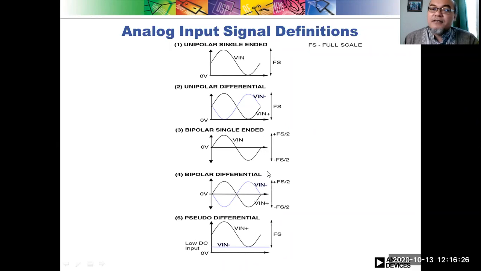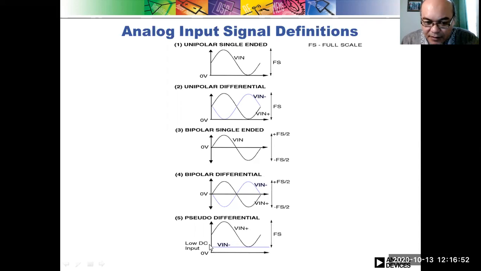Or bipolar differential, when we have two input signals, we calculate the difference between the two input signals. One is positive, the other one is negative of the Vin. Then there is pseudo differential. In this case, the full scale is between the negative Vin and positive Vin.